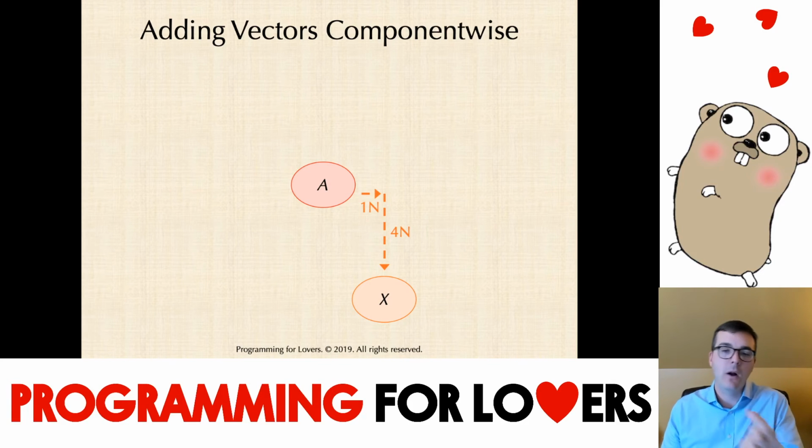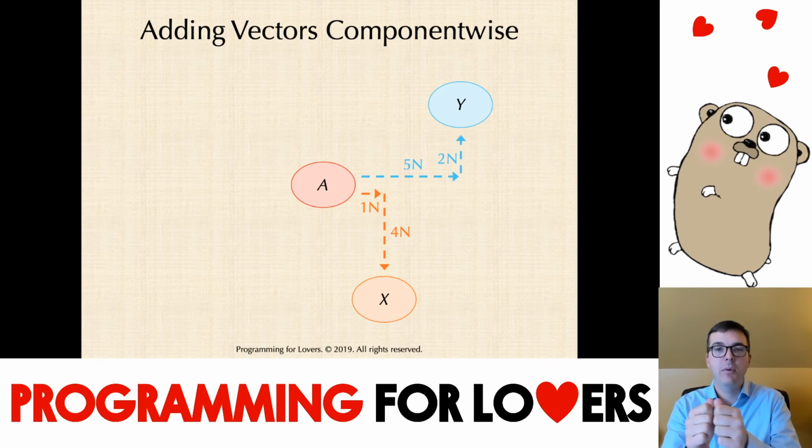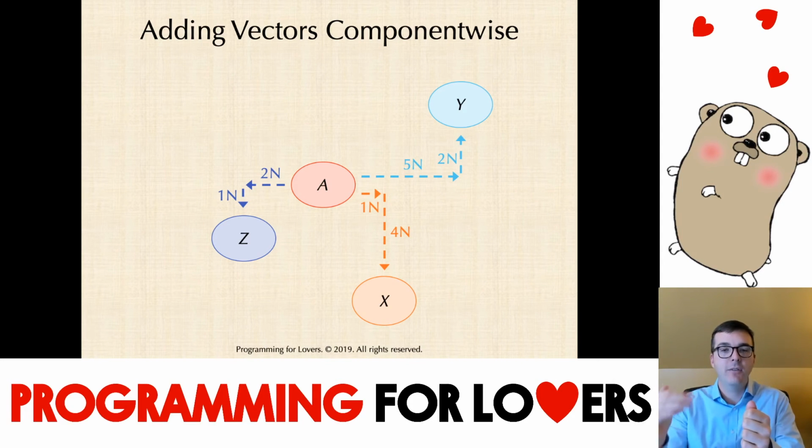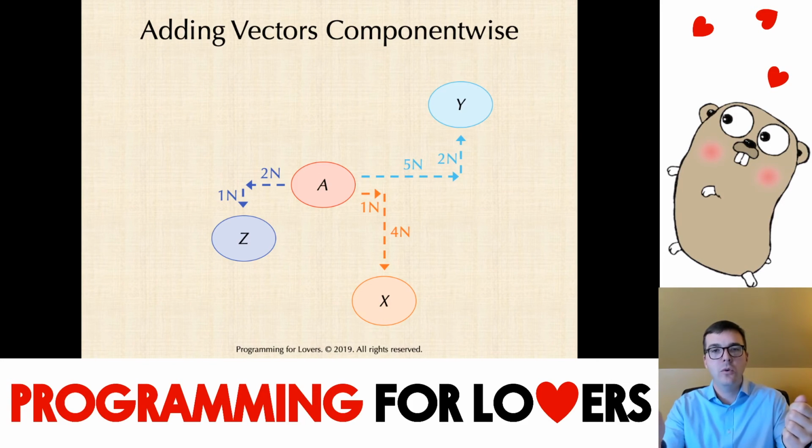If I have a body called A, for example, and it's getting pulled 1 Newton right and 4 Newtons down by one body, and it's getting pulled 5 Newtons right and 2 Newtons up by another body, and it's getting pulled 2 Newtons left and 1 Newton down by a third body, well, the net force acting on it, if I've broken it down into components, is 1 Newton right and 5 Newtons more to the right, so 6 Newtons to the right, and then 2 Newtons to the left, which would give me 4 Newtons to the right.